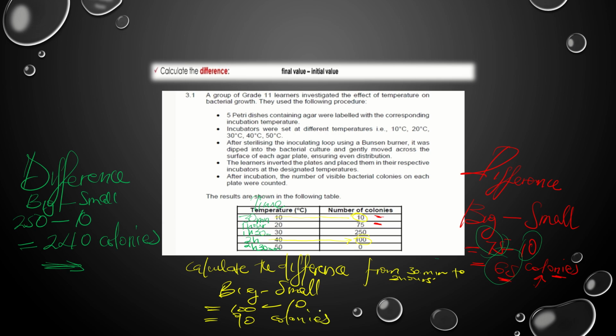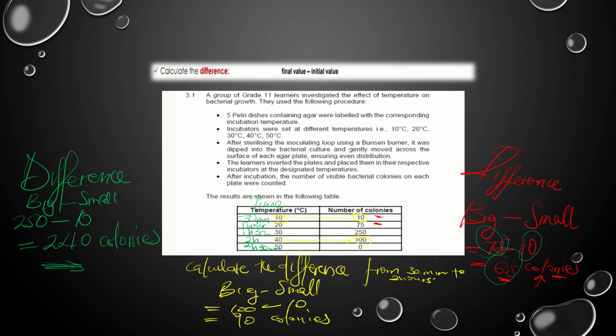It could be time, days, weeks, or temperature, it could be any variable measured to check how many colonies there will be. So you just check the interval from the values you are given.